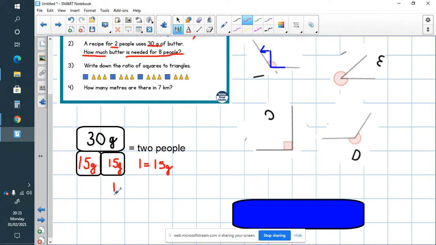Brilliant. So we want to know what 15 multiplied by 8 is. And there's a few different ways you could do this. You could do it mentally. 10 times 8 is 80, and 5 times 8 is 40. 80 and 40 is 120. We can check our mental calculation is correct by doing a jotting.